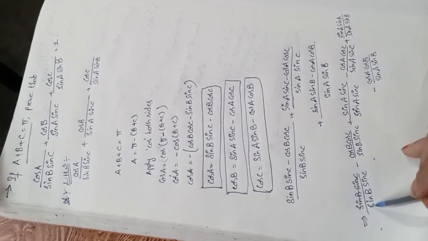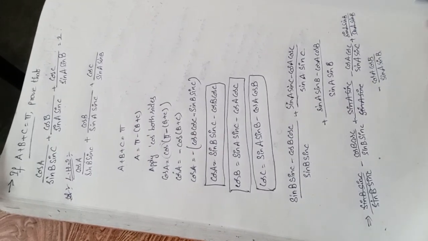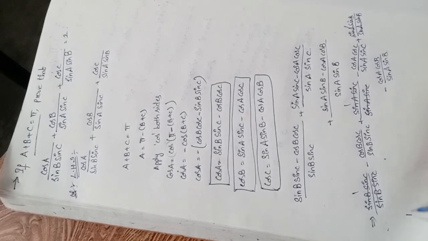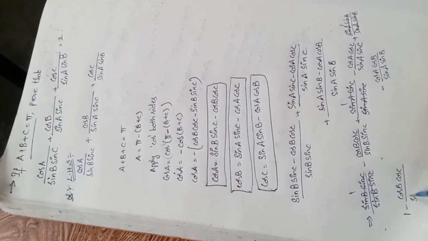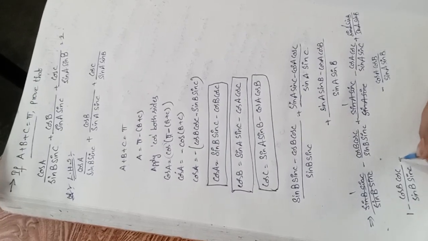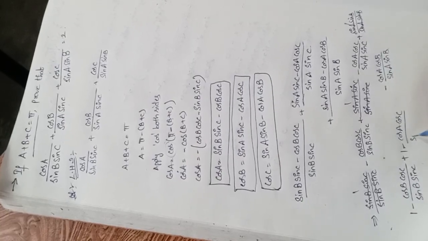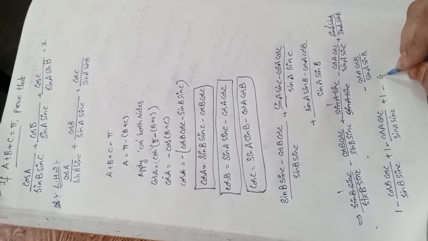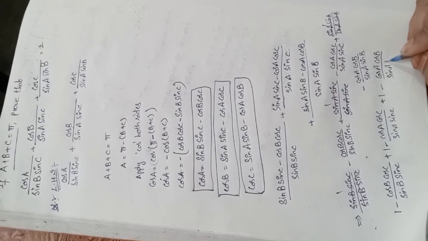So sin B sin C, sin A sin C, sin A sin B all get cancelled and 1 remains, right? So 1 minus cos B cos C by sin B sin C, plus 1 minus cos A cos C by sin A sin C, plus 1 minus cos A cos B by sin A sin B.